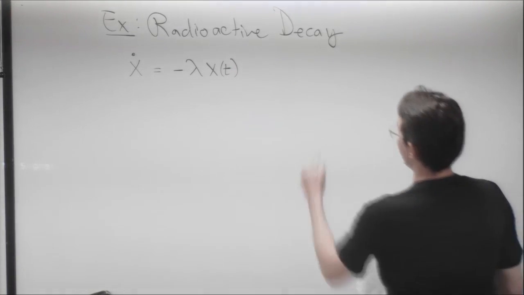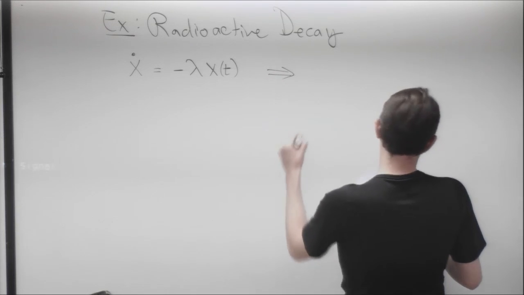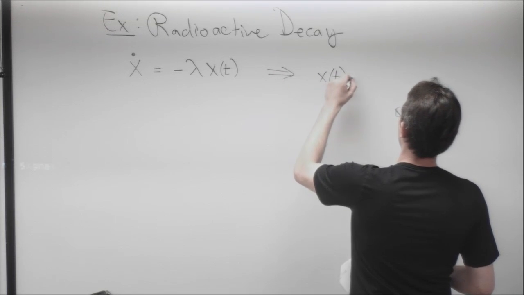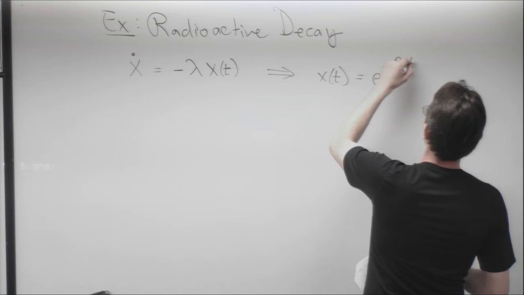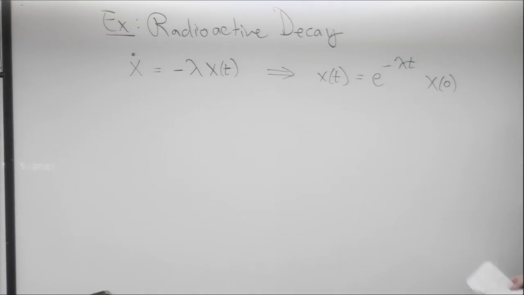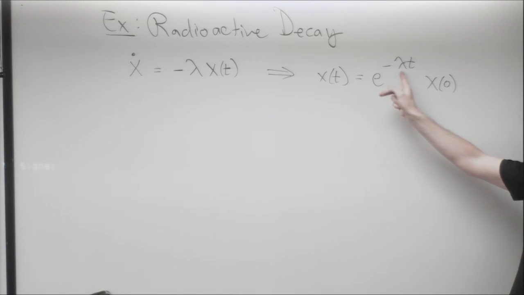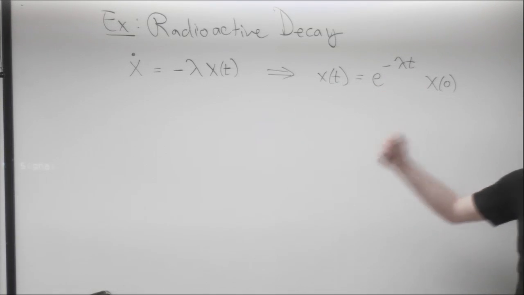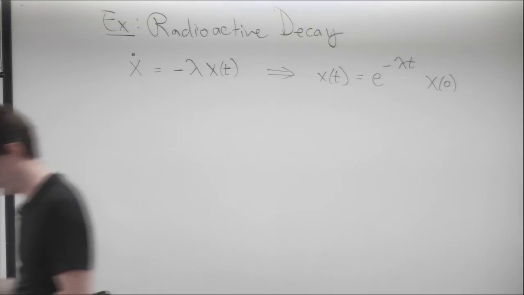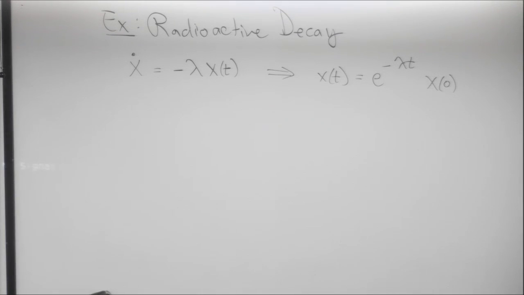And so we know the solution to this. This is x of t equals e to the minus lambda t times x naught. Okay, so if I have 1 pound of plutonium, then at some time t in the future, I'll have e to the minus lambda t pounds of plutonium left over. Okay? Plutonium is nasty stuff. You don't need a pound. A pound's a lot of plutonium.